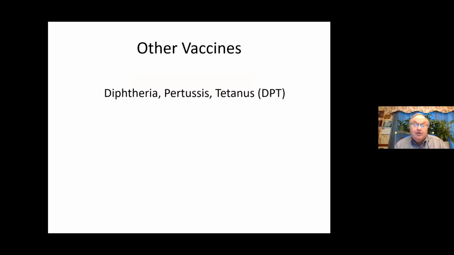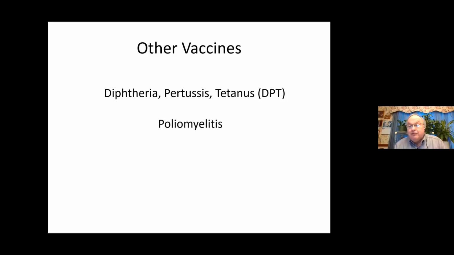When I was a child, we already had vaccines for diphtheria, pertussis, and tetanus, pertussis being what's normally known as whooping cough, or the DPT vaccination that you receive is actually a series of 3 shots. Diphtheria and tetanus are really just toxins, and so those vaccinations are toxoids. They're just a modification of the toxin involved so that it doesn't cause a severe reaction, but it is enough to produce immunity and antibodies to that toxin.